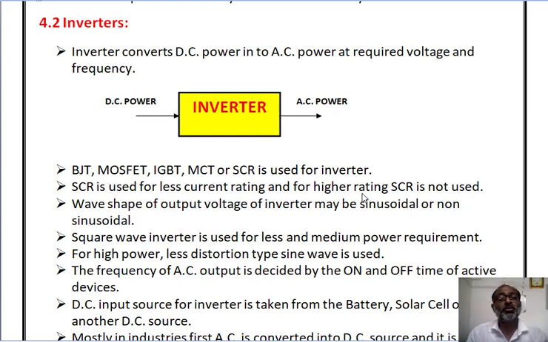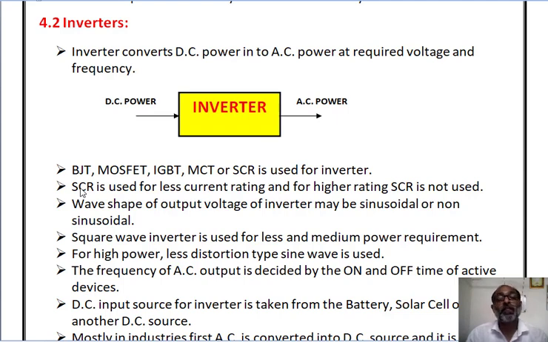The SCR is used for lower current ratings and not for higher current ratings, because the output of the inverter depends on the load. It is designed for the load, that means as per our requirement. So the SCR is only used for lower current rating inverters.